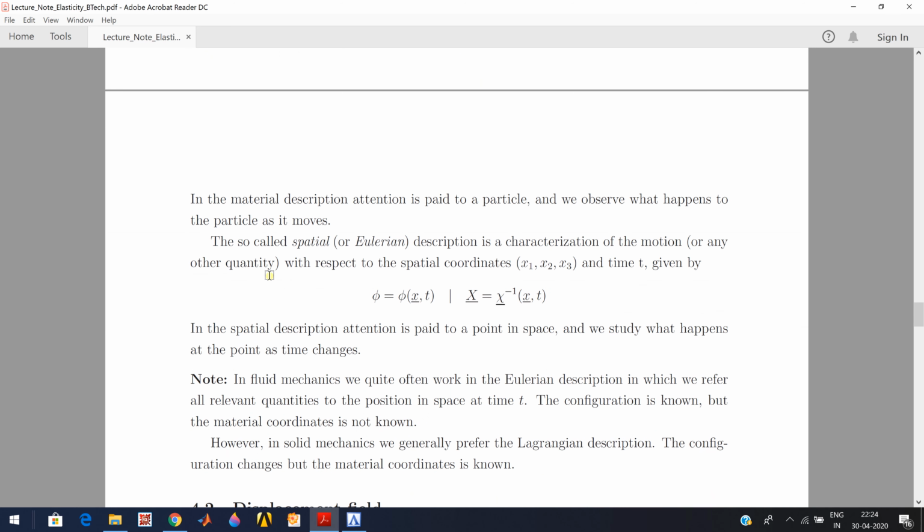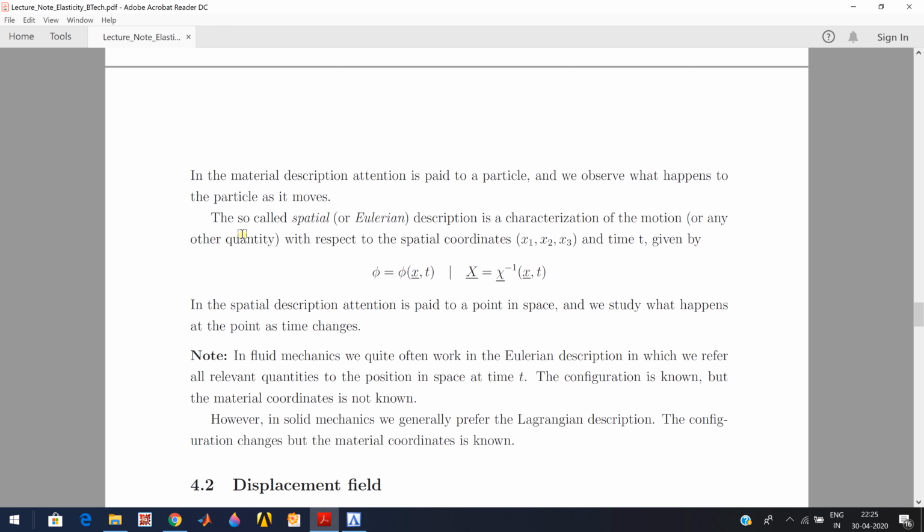So here the focus is on the particle. In the material description the attention is on a particle, and we see what happens to the particle as it moves.